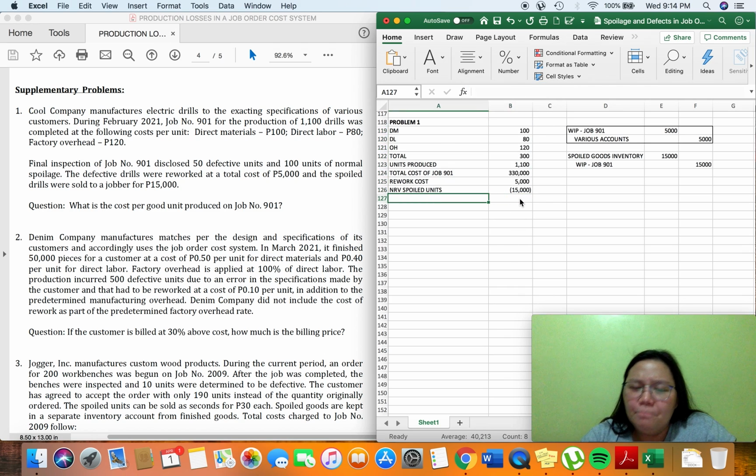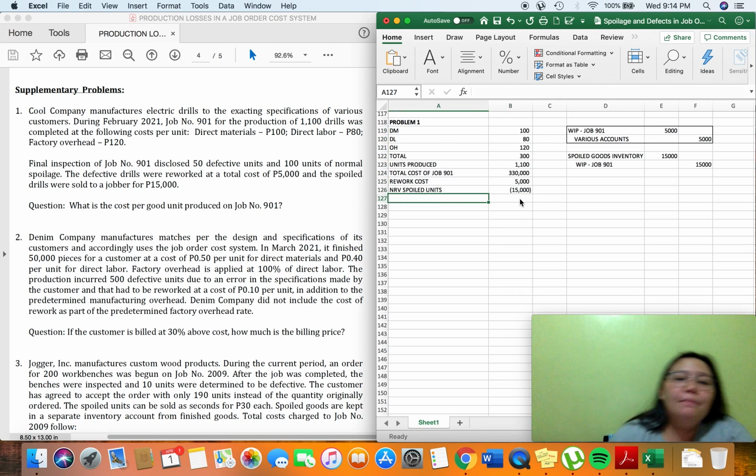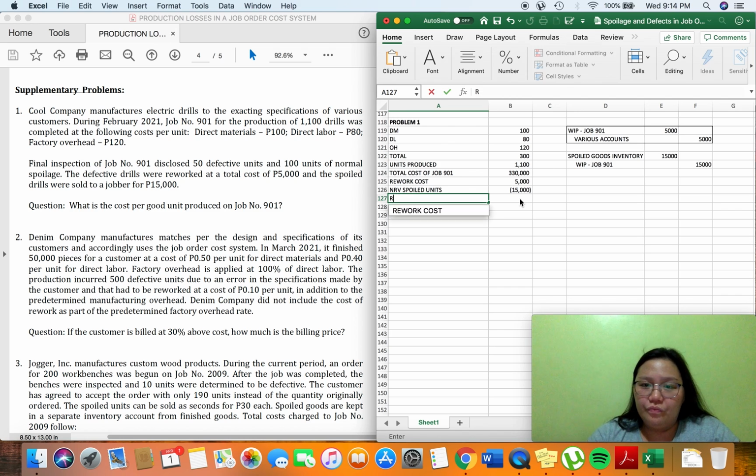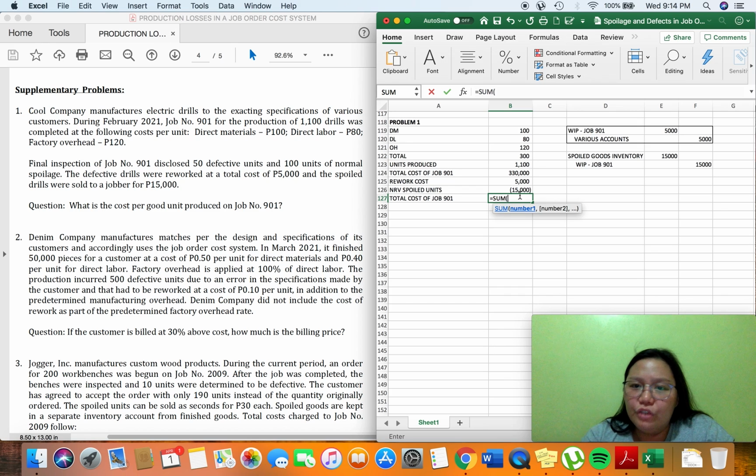Okay? So, after this, syempre, ang tanong sa atin, what is the cost per good unit produced on job 901? So, sige. The revised total cost of job 901 after the rework and the spoilage is now equal to 320,000.